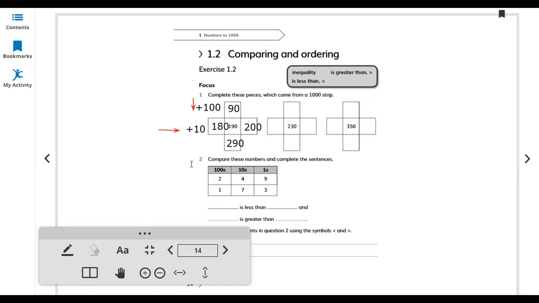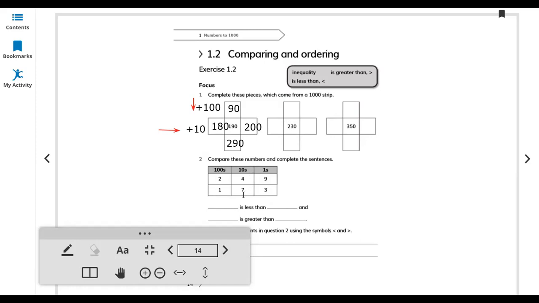Question number 2. Compare these numbers and complete the sentences. So let's start. Hundreds, tens, ones: 249 and 173. It's written here, dash is less than dash. We choose the number from here and from this one.